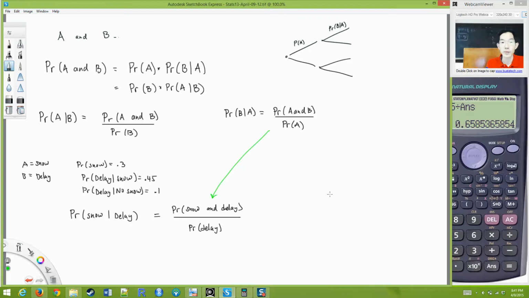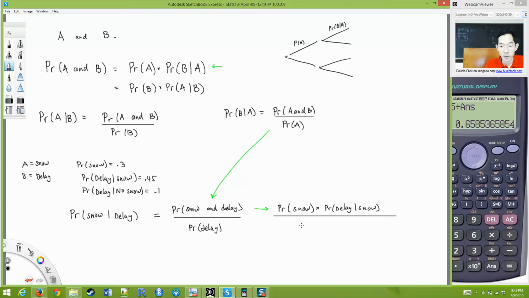Then we're going to break this thing up using this one right here, and we get the probability of snow and delay is the probability of snow times the probability of delay given snow. And that's how we get 0.135 on the top.